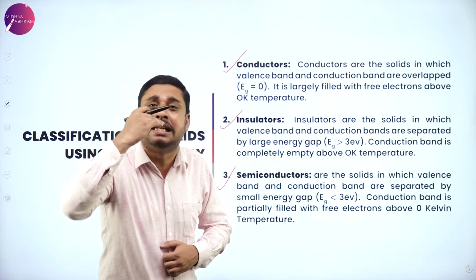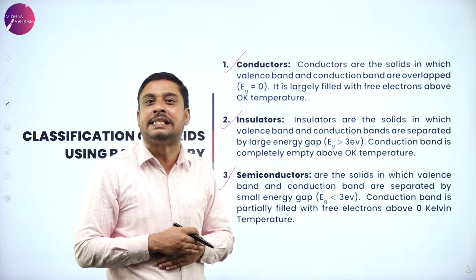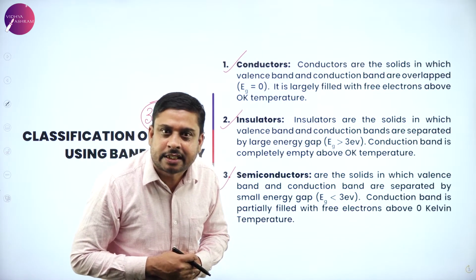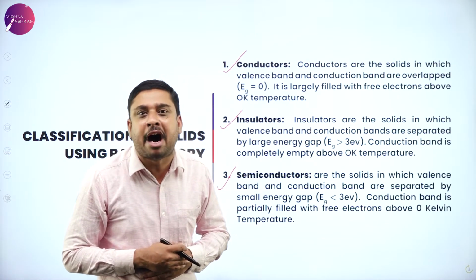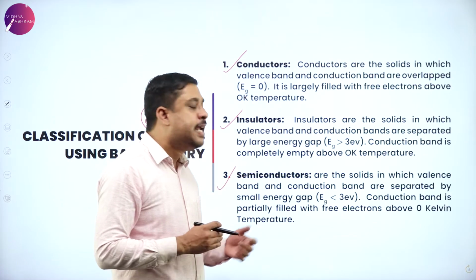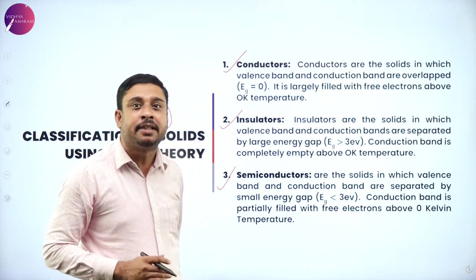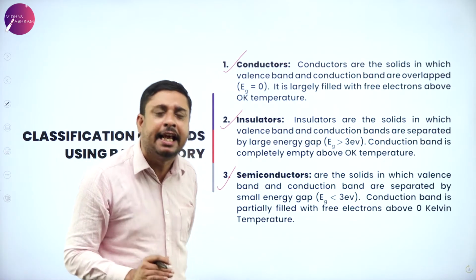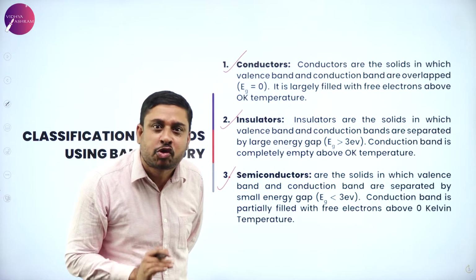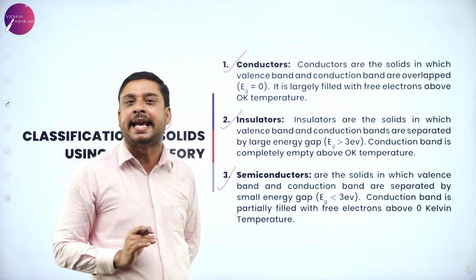If it doesn't allow charges to flow through it, it is an insulator. Partial conduction and partial resistance, it is a semiconductor. But here we are classifying solids based on their band theory.